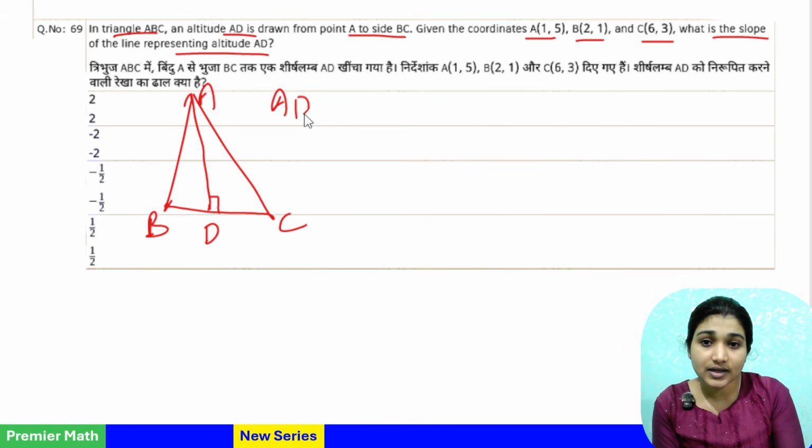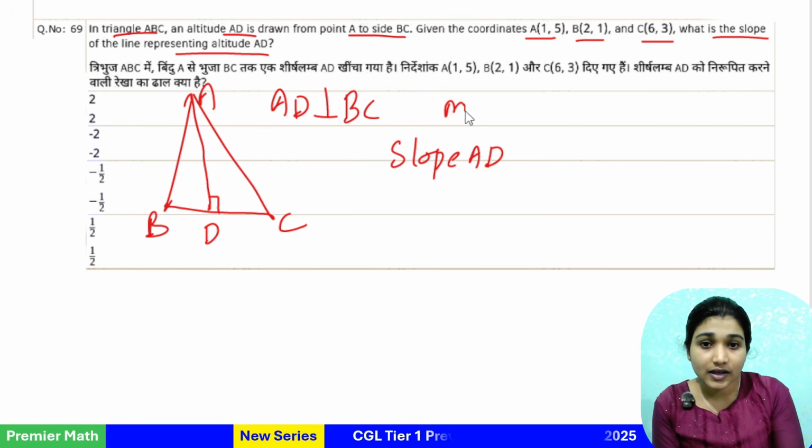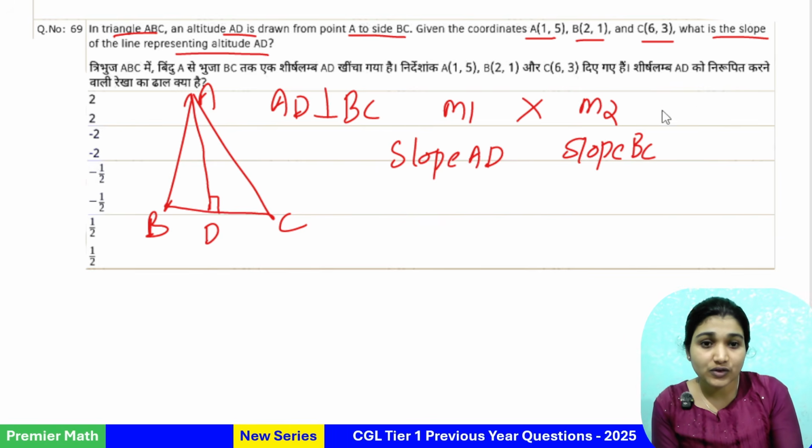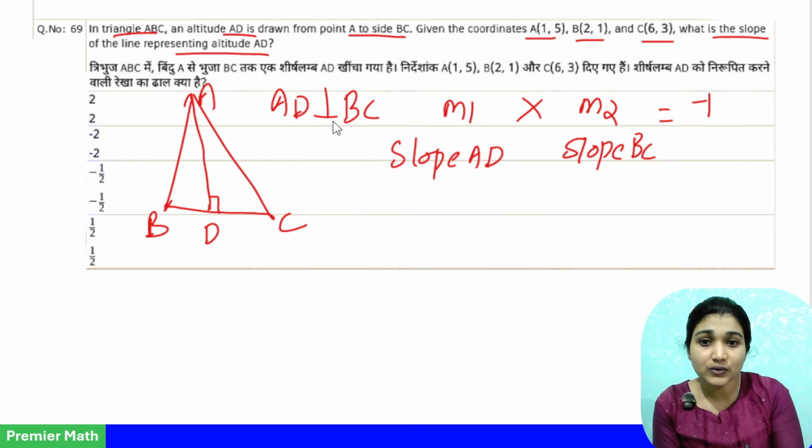So AD is perpendicular to BC. If I consider the slope of AD as M1 and the slope of BC as M2, then M1 into M2 should be minus 1, because when two lines are perpendicular, the product of their slopes should be minus 1.